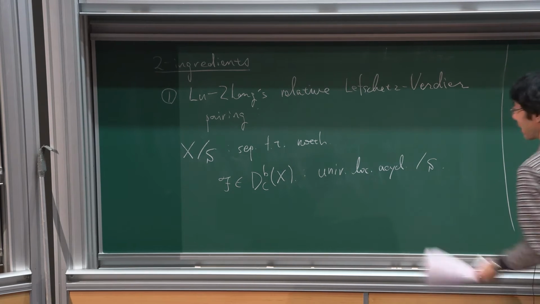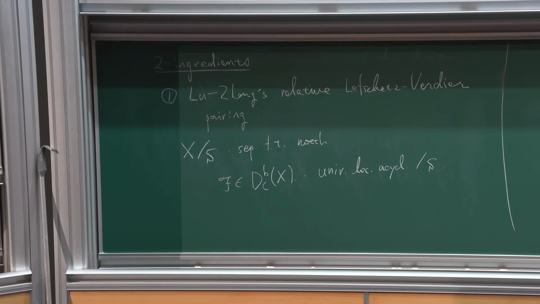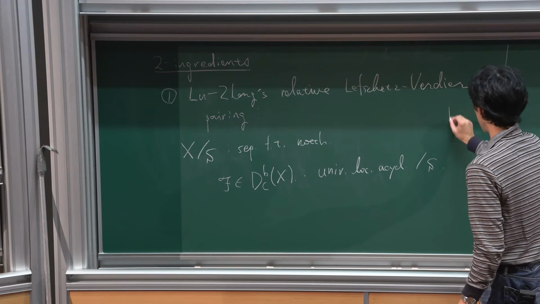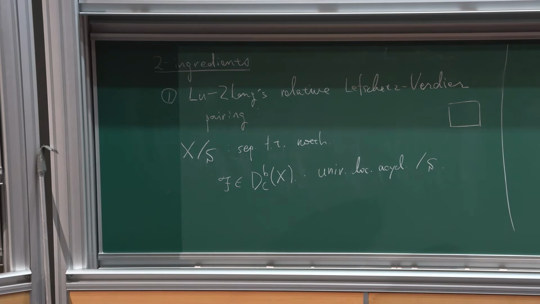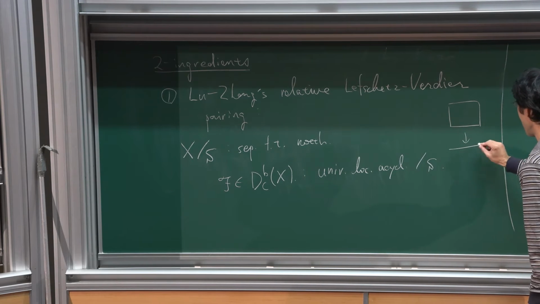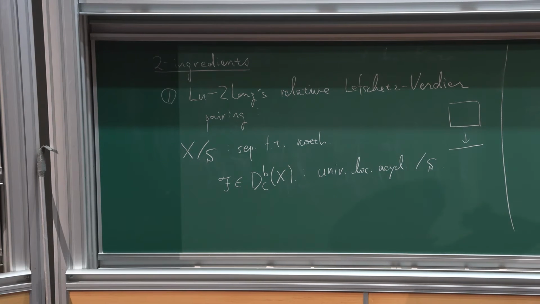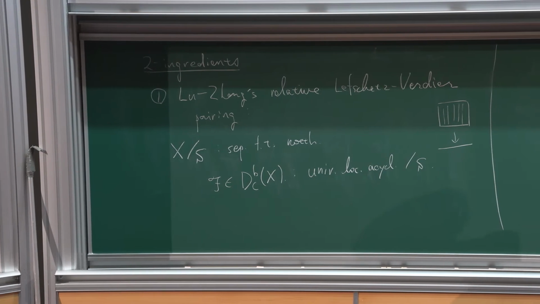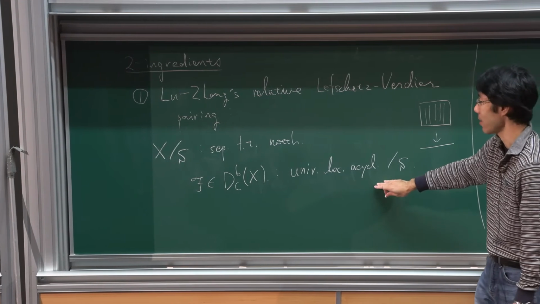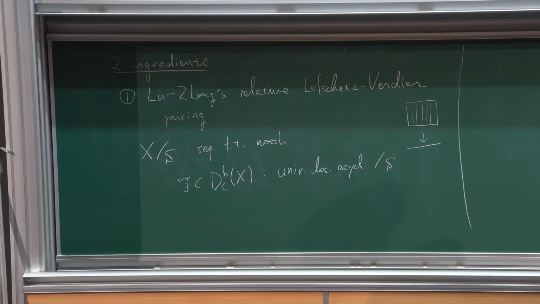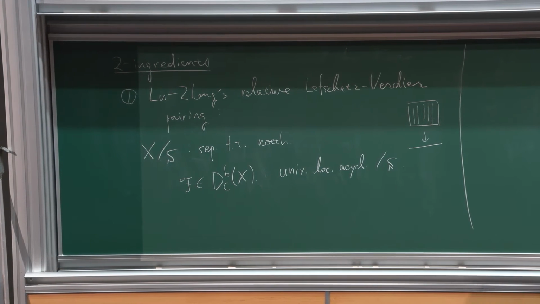But what it roughly says is that if it is a smooth sheaf, you want some sort of smoothness. Smoothness is a very strong condition, but if you're given some sort of fibration, it makes sense to talk about smoothness with respect to this direction. So if S is equal to X, then being universally locally acyclic with respect to the identity is the same as smoothness.